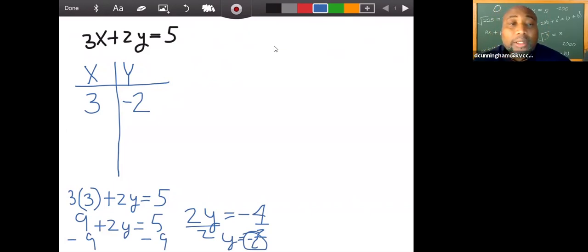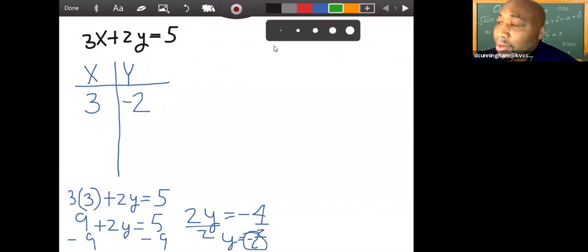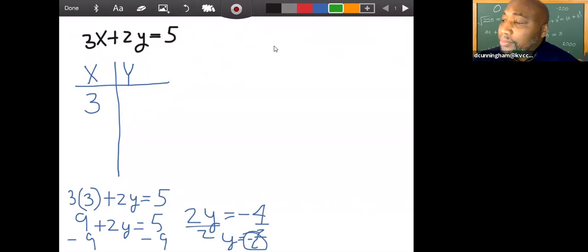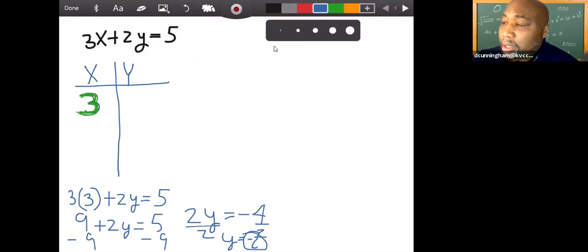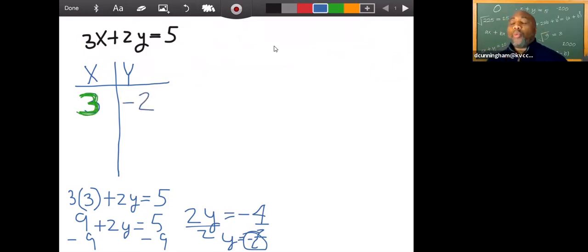That's what we get if we choose 3. Now, so you know that I've chosen that value, I'm going to put 3 in green. And by choosing that, it forces y to be a negative 2 in this case.